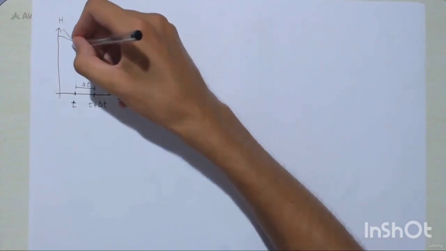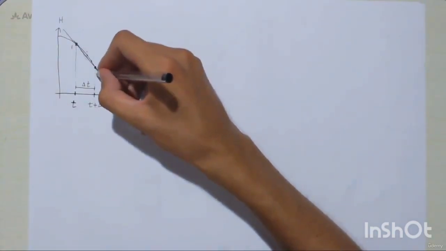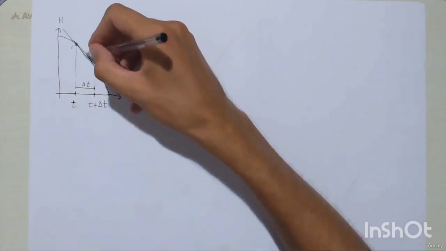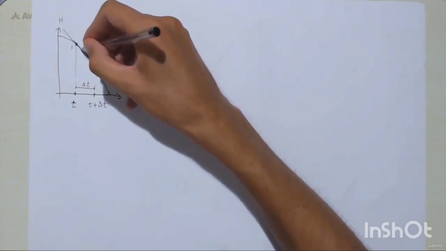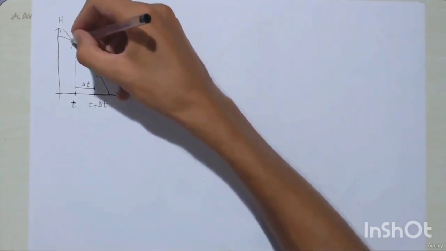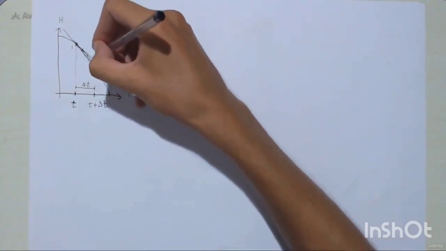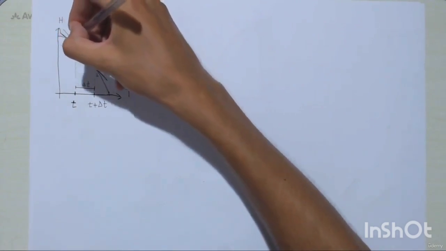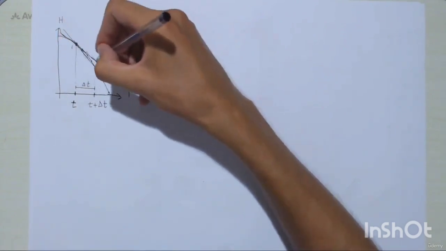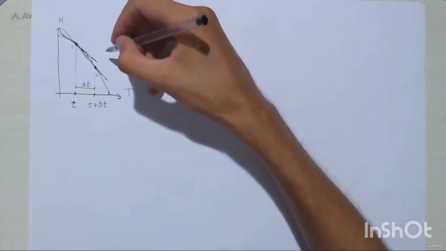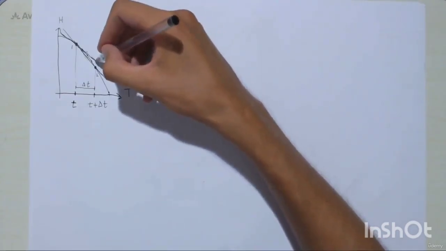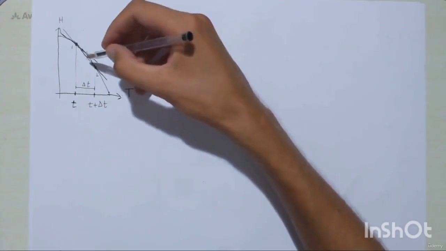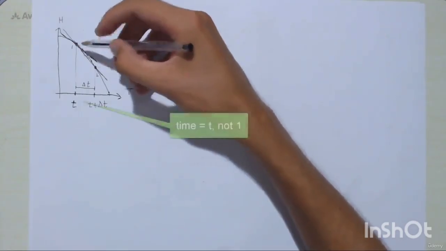So if my original point is 1 and my second point is 2, I need to start moving point 2 closer and closer to point 1. And the closer I move, the straight line here would become closer and closer to that instantaneous change straight line. Okay, to that straight line where the straight line touches the graph only at time equals 1.